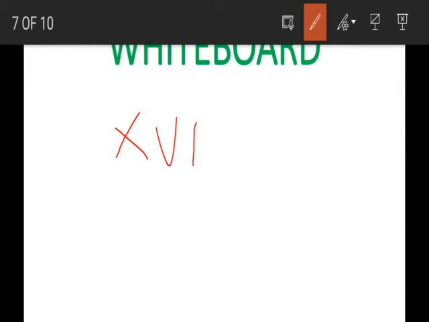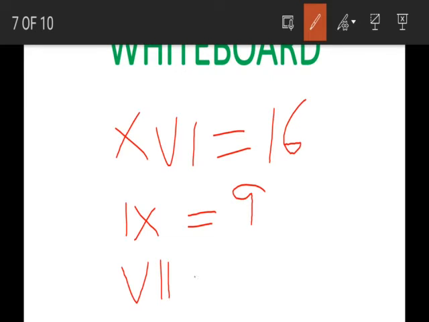Remember, we also have IX, which is 9, and VII, which is 7. So to get your 16, you simply do 9 plus 7. To get your 7, you do 16 minus 9. To get your 9, you do 16 minus 7. Very simple.